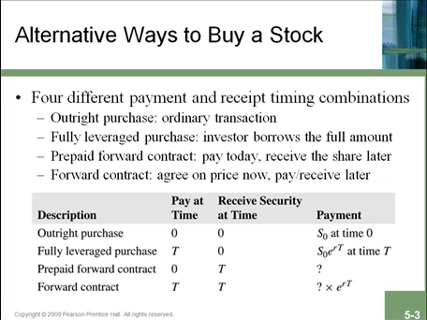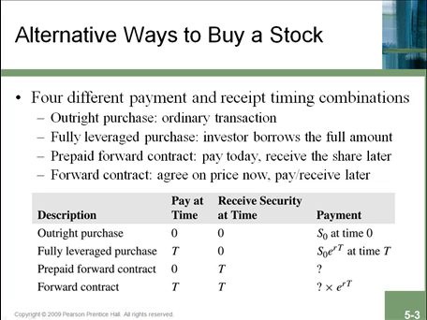We're going to look now at 4 different ways that you might potentially acquire a stock. In each case, you have a choice of either paying now or paying for it later, and also you have the choice of receiving it now or receiving the stock later. Let's look at each one of the 4 possible choices.